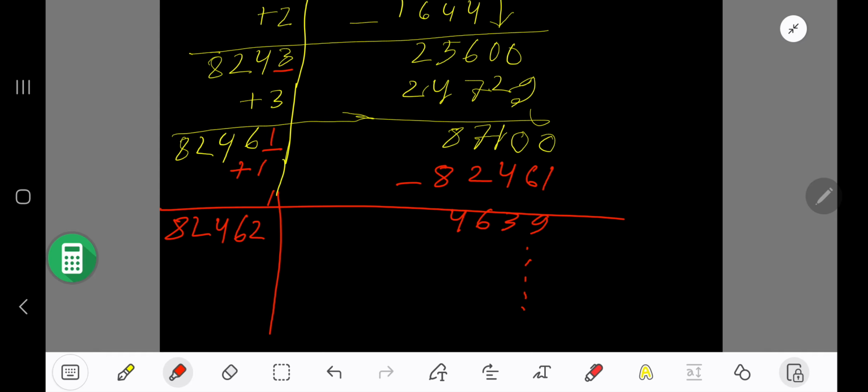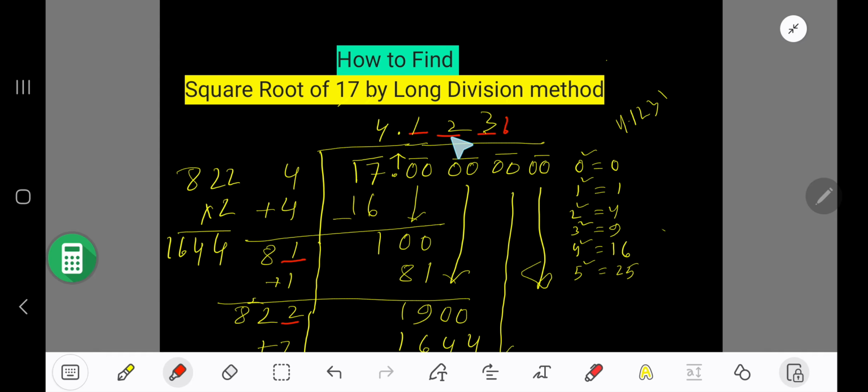This process will continue as we have gotten 4 digits after the decimal. If I want to round up to 3 places after the decimal, so look, since this is less than 5, we can write this.